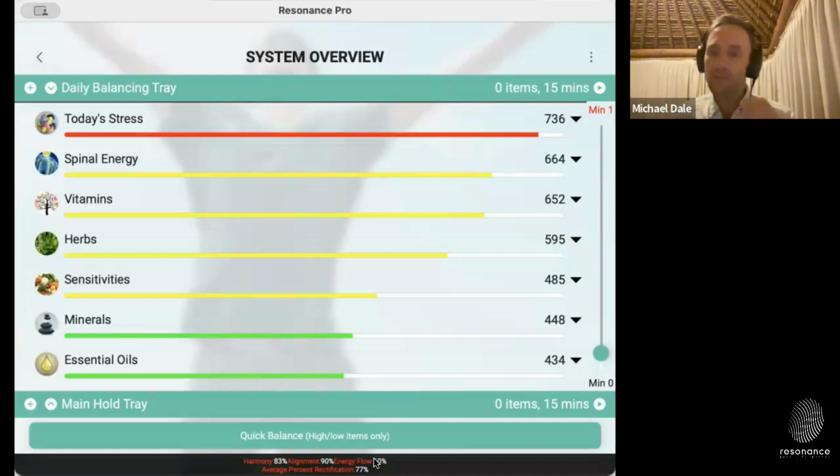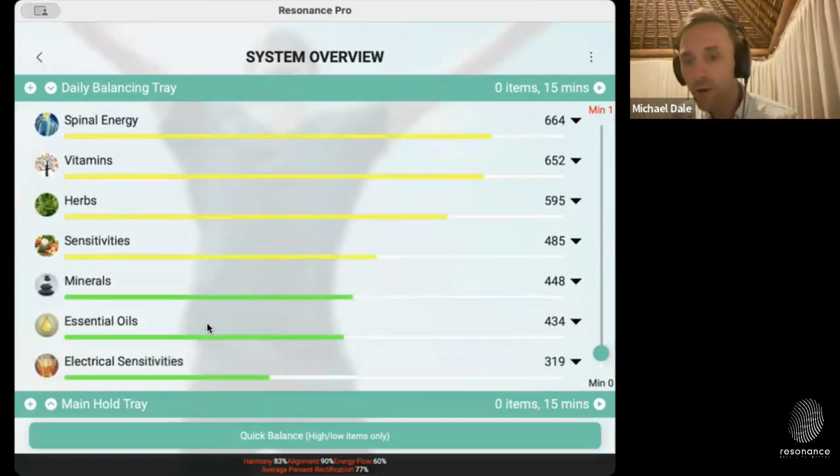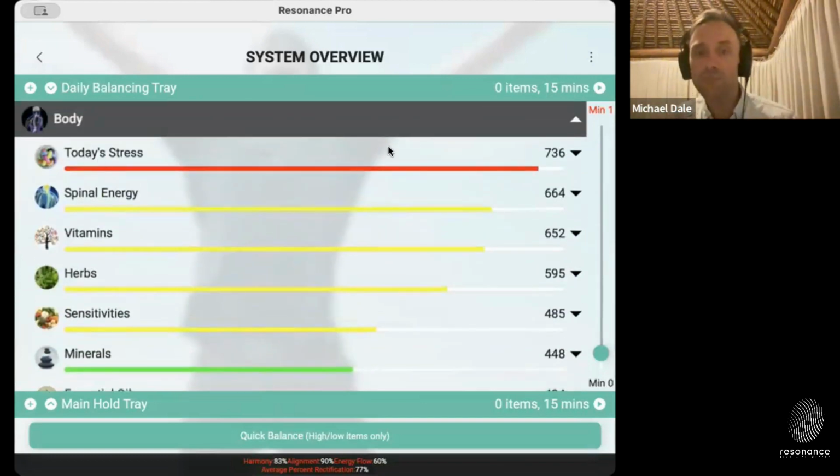The important thing to understand here is that when you do a balancing, the levels in your analysis aren't going to change. This red is not going to go to yellow or green, because you have to think about this like a blood test. If I take a blood test and I give you the results, those results aren't going to change.